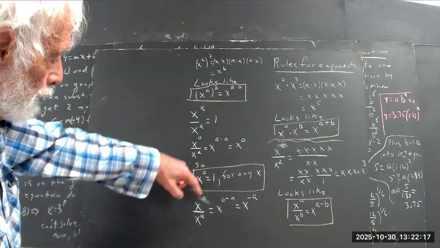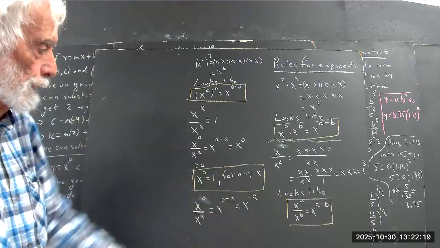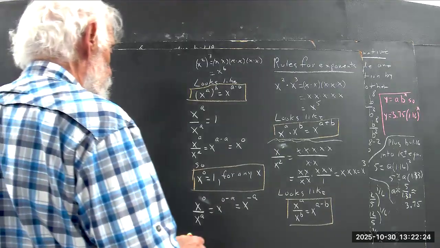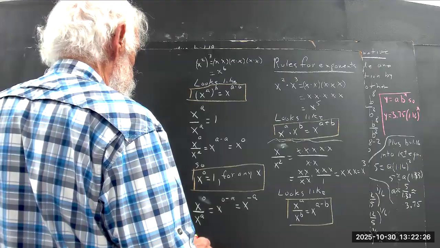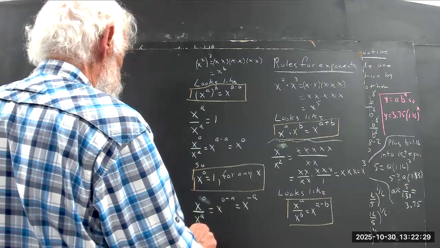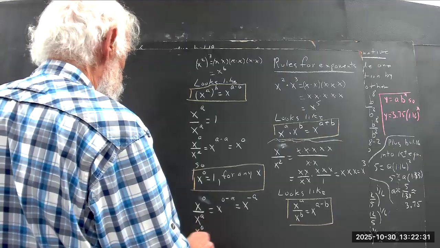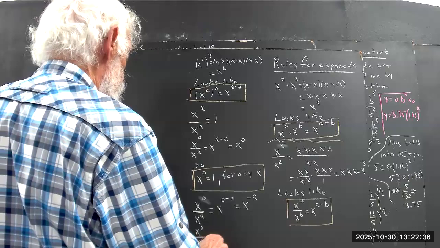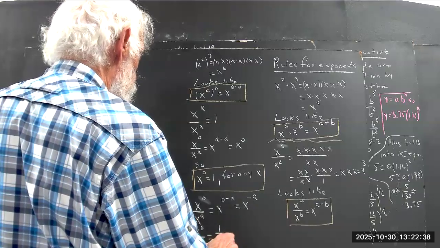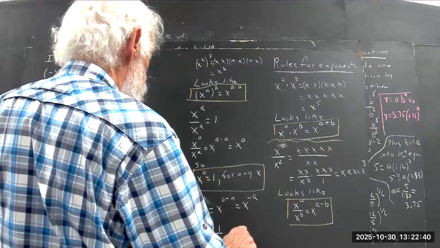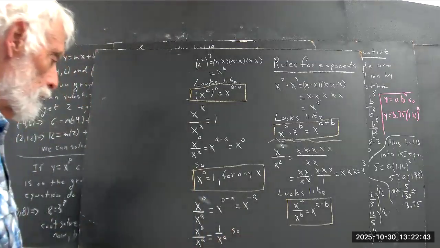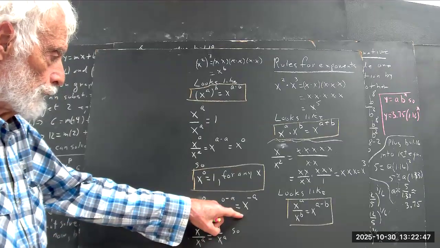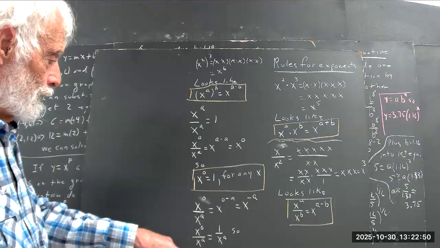over x to the a is x to the 0 minus a, which is x to the negative a. But x to 0 over x to the a equals 1 over x to the a. So 1 over x to the a is equal to the same thing that x to the negative a is equal to.